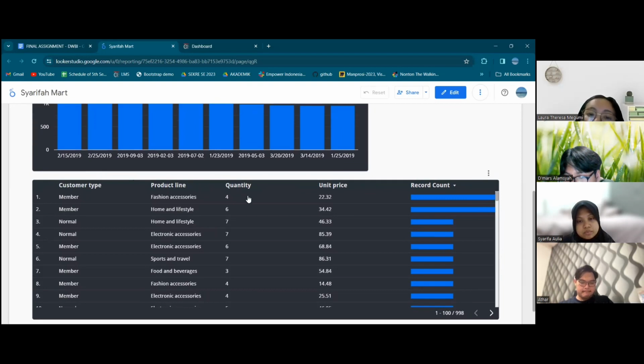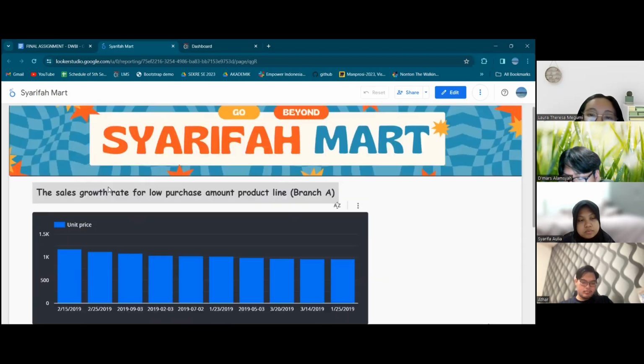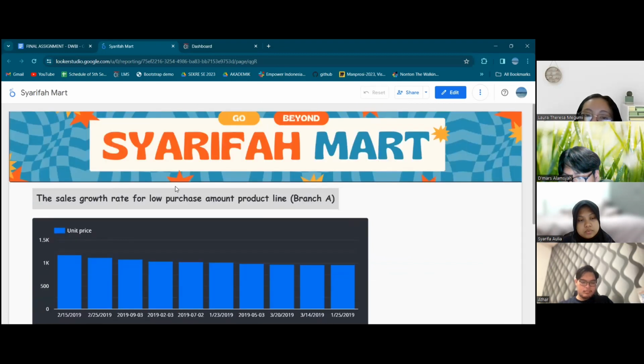The quantity is 4 and 6 for the customer type. Both of them are members. Okay, so this is our dashboard, and I will hand the presentation back to Mars.